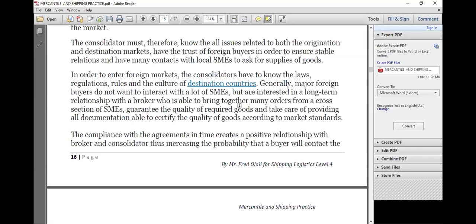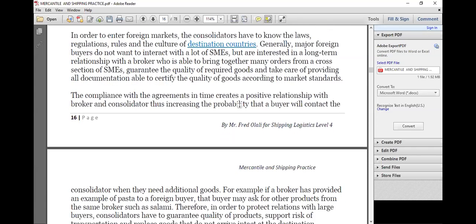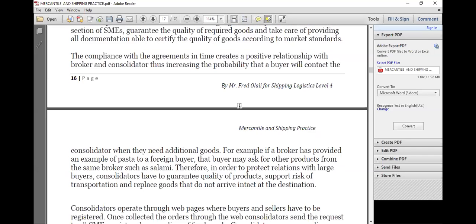So compliance with the agreement in time creates a positive relationship between the broker and consolidator, thus increasing the possibility that the buyer will contact consolidators when they need additional goods. So for example, if a broker has provided pasta to a foreign buyer, that buyer may ask for other products from the same broker, such as salami.